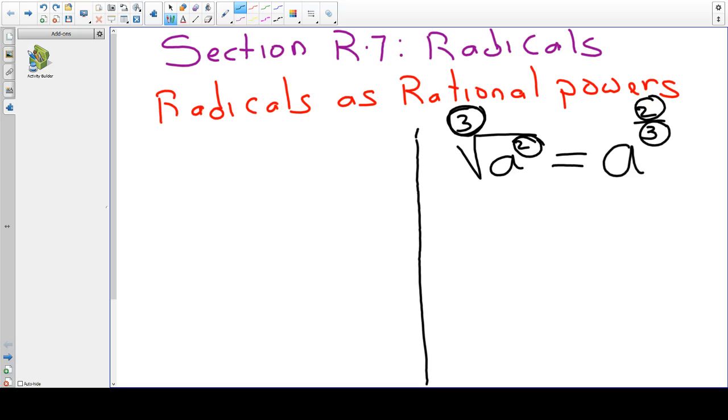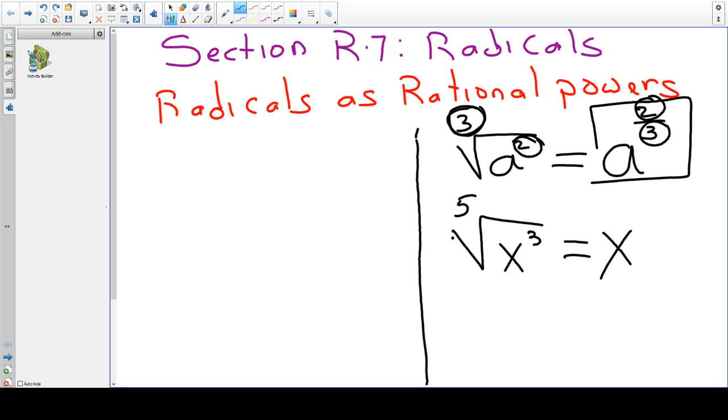Now let's take a look at another example here. If I say fifth root of x to the third, I can rewrite that as a rational power. And based on what we've done up here, I'm going to say x to a fractional power.